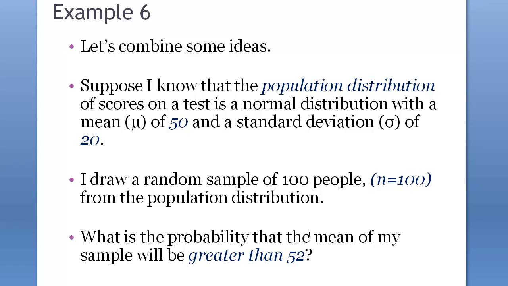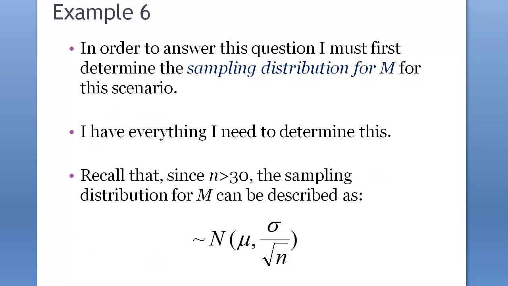So it's a combination of calculating the standard error, calculating the z-score using the standard error, and figuring out the proportion. It's a combination of this example and the example from the previous video. How do you do that?